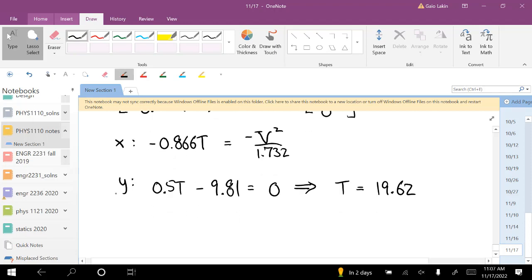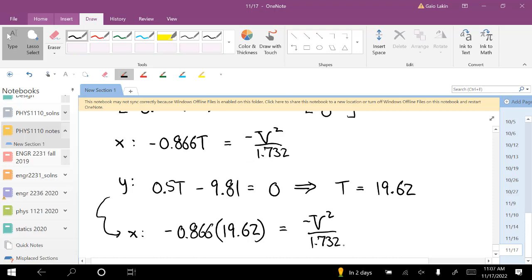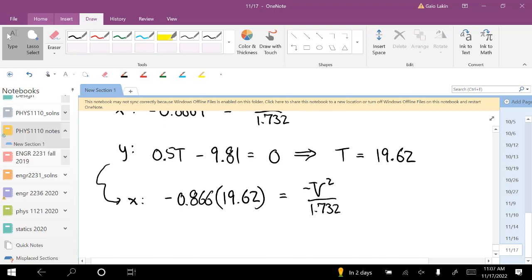Then plug that into the x equation, and you get negative 0.866 times, so now I'm plugging in 19.62 for T, is equal to negative v squared over 1.732. And you get v squared is equal to 29.43.